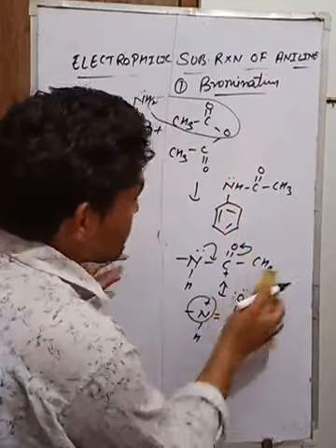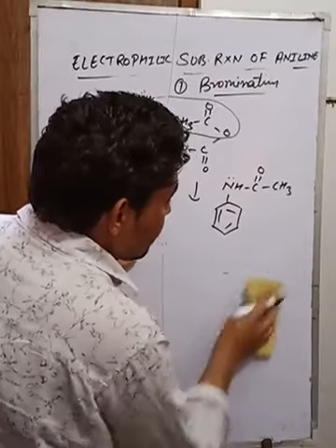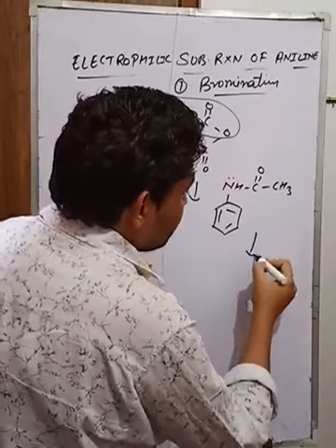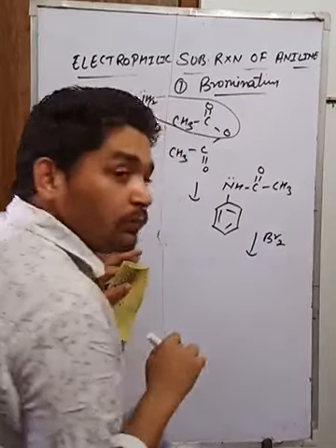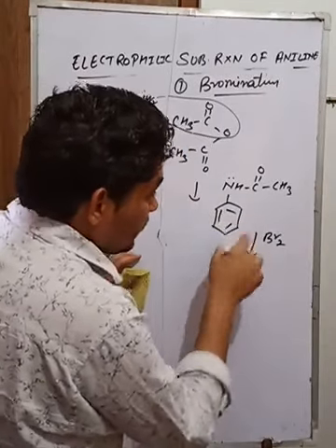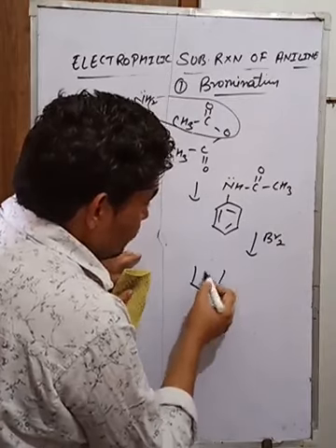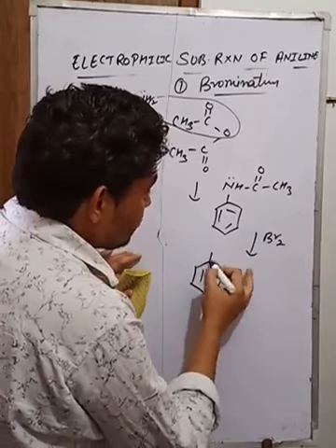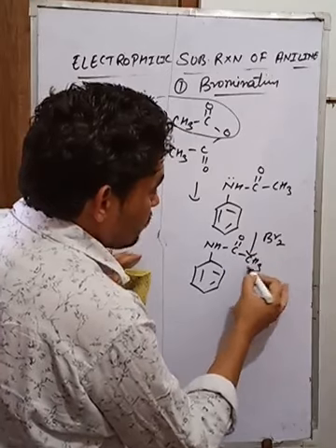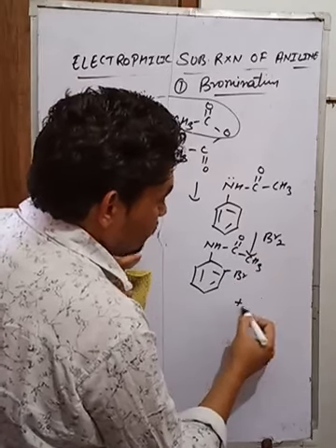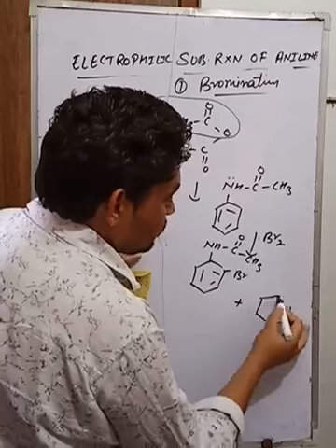Now, when this acetylation product undergoes bromination, here you can see that the ortho product as well as the para product should be formed.